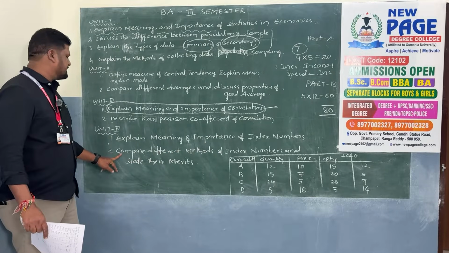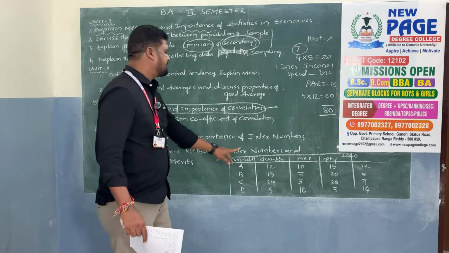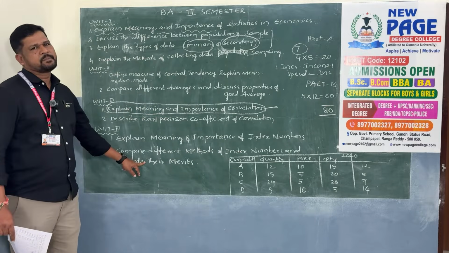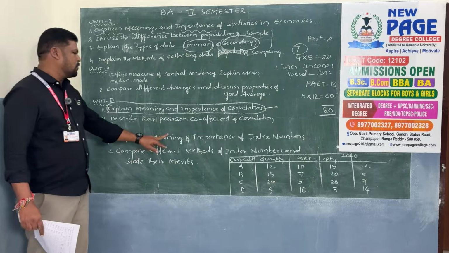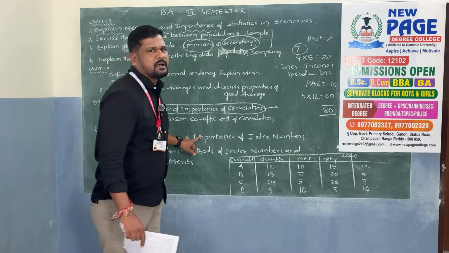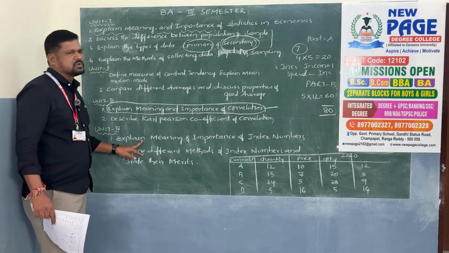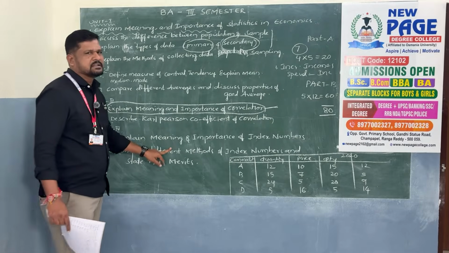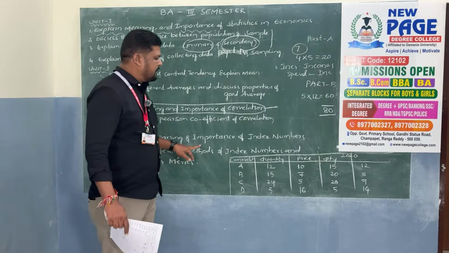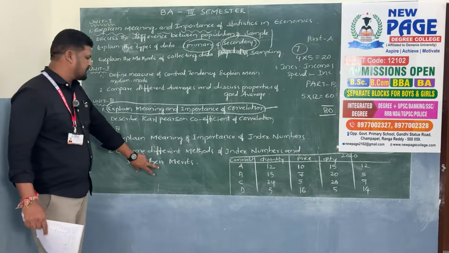And another question is, compare different methods of index numbers and state their merits. In these two questions, one compulsory question will be given in the exam, so you must read these two questions. Another question is related to problems. We will discuss this problem question.